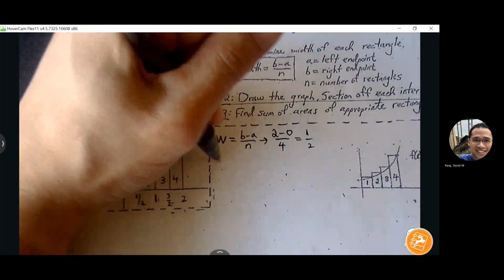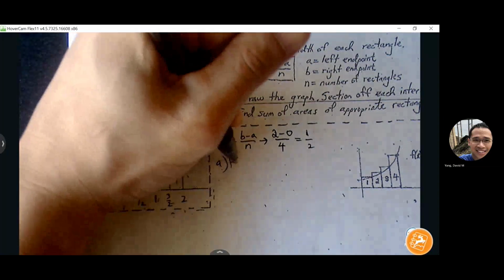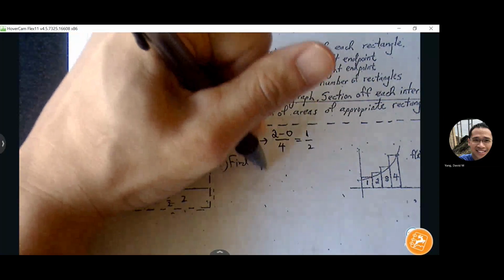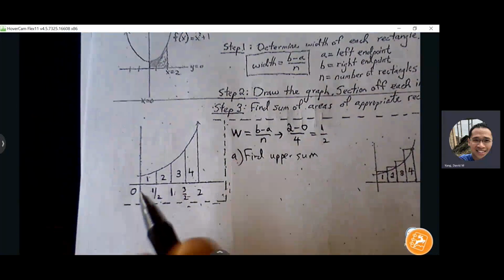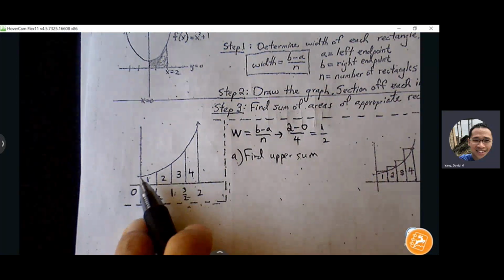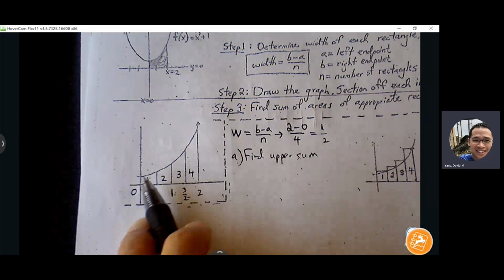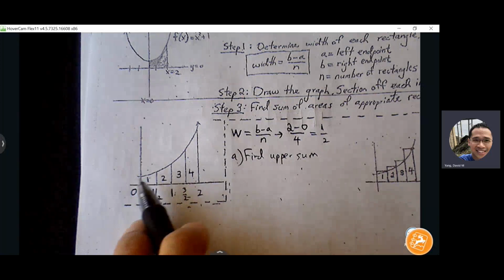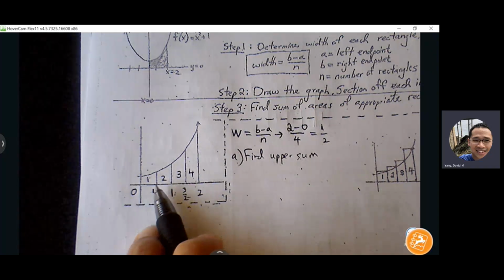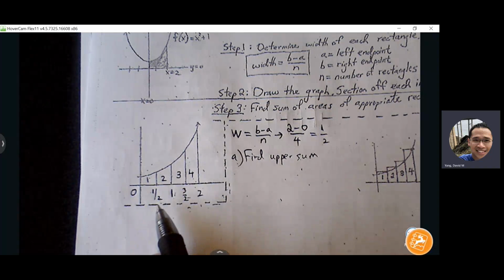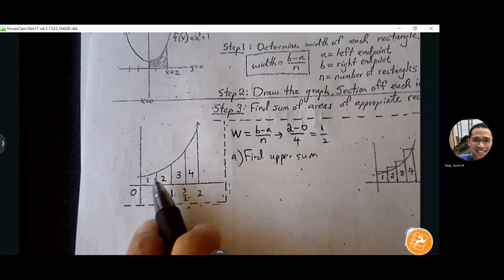So that means with each subinterval, we want to look at where these vertical lines are touching the curve, and we want to choose the higher of the 2 heights. So between 0 and 1/2, which is hitting the graph at a higher point? 1/2.